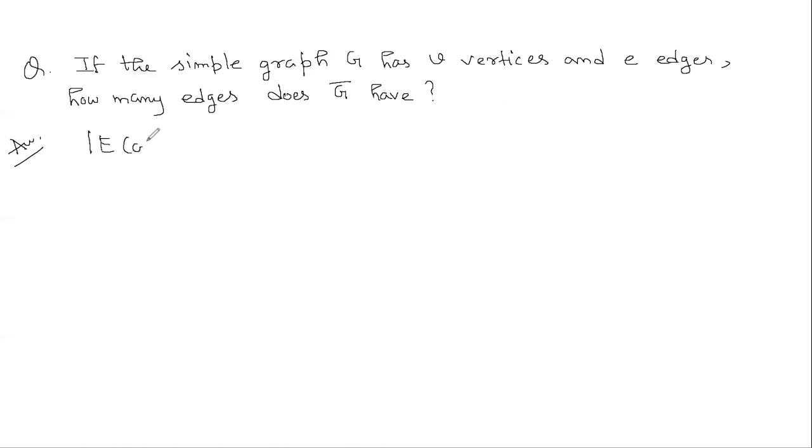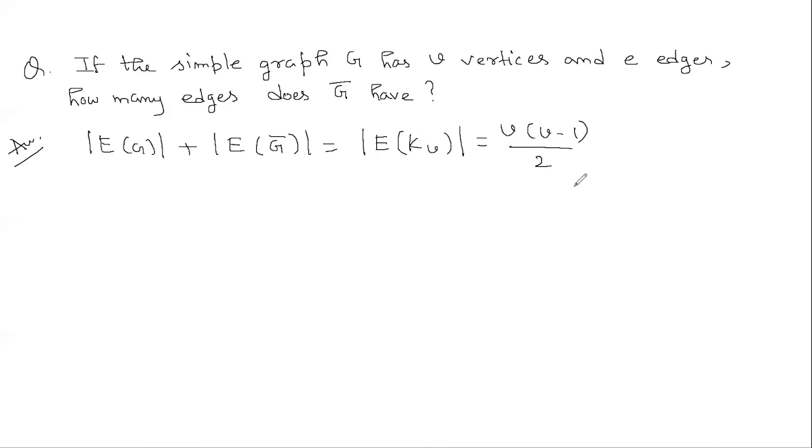So number of edges in G plus number of edges in G bar is equal to number of edges in KV. That means a complete graph with V number of vertices, and it contains V into V minus 1 by 2 number of edges. This we have already discussed in my previous video regarding complete graph.